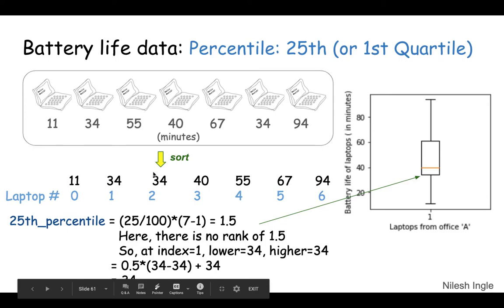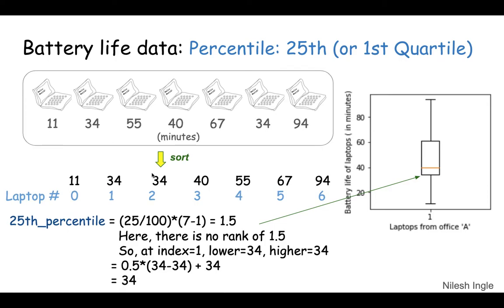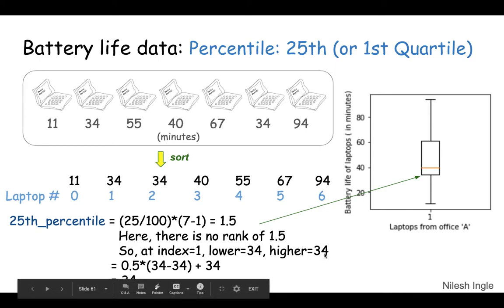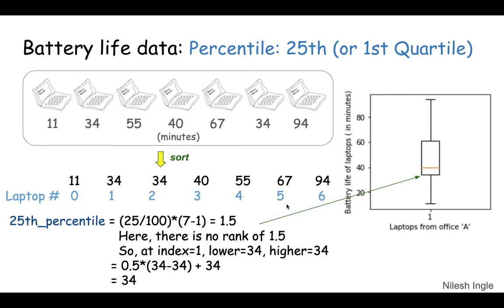Then we look at the value that is 1 up from lower. That would be index 2. Again, this is 34 here, and if we go down here, the 34 value is for higher. Then we put them in this formula, using 0.5, which is the decimal that we calculated above. That 0.5 comes from this 1.5.